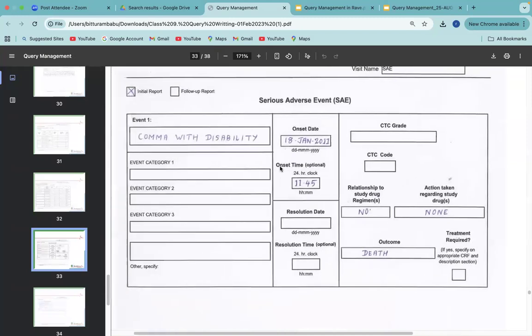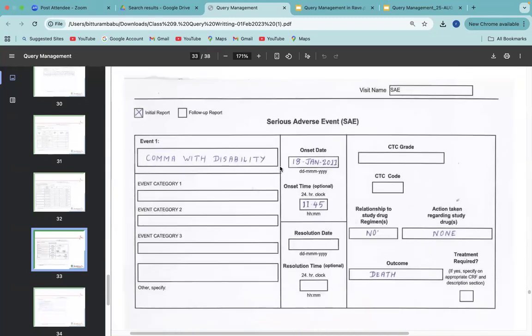So you tell me what happened here. Again, here also CTC grade should be mentioned. Where there is no resolution, the CTC code will not be applied here. Okay, very good.